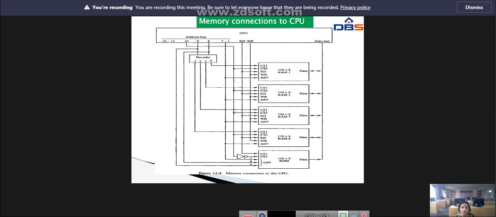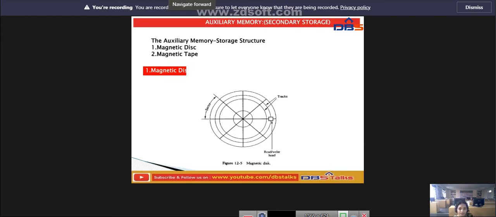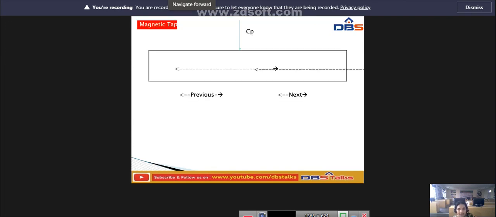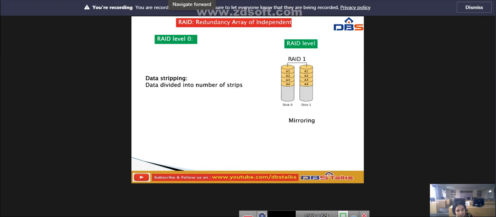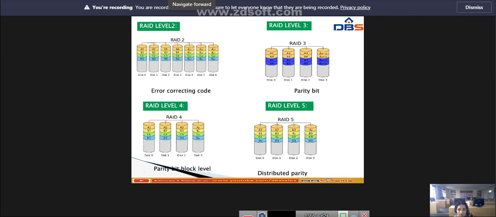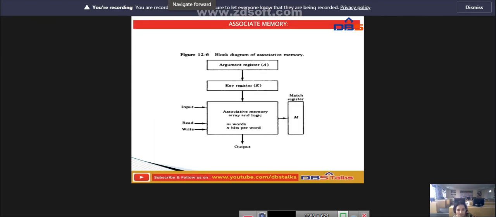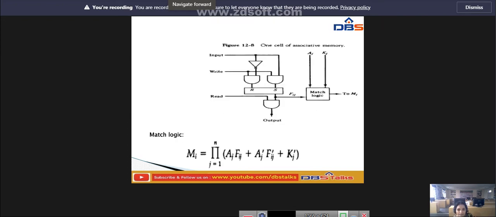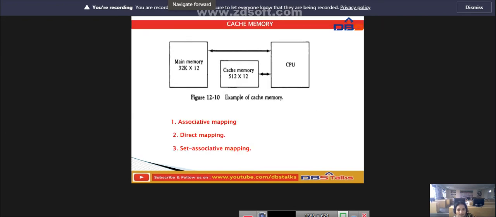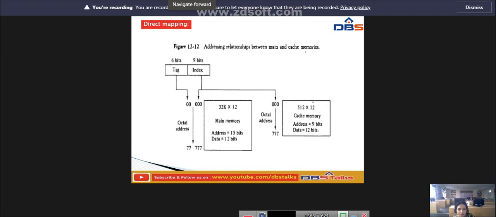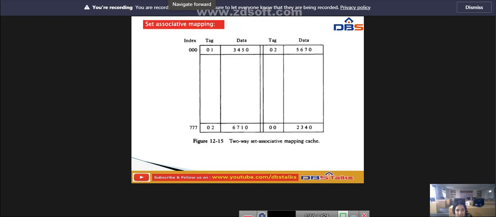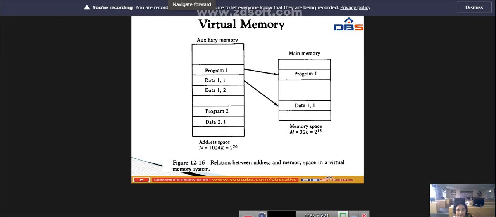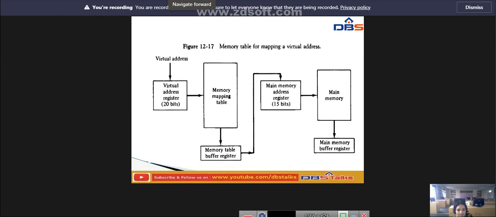Up to here we discussed the ROM chip. In the next class we will discuss auxiliary memory, secondary storage, magnetic tape, and associative memory with examples. We will also cover the cache memory with associative, direct and set associative mapping, and virtual memory with diagrams.